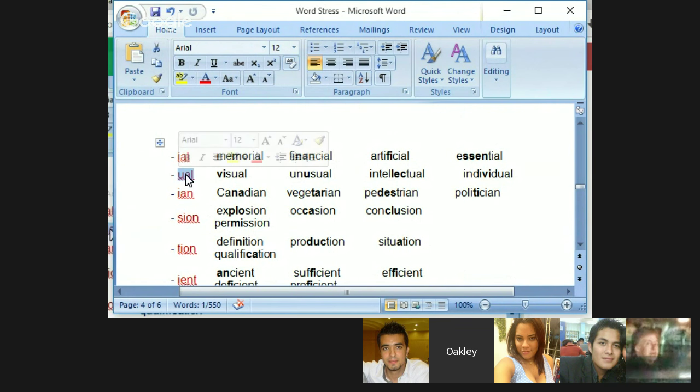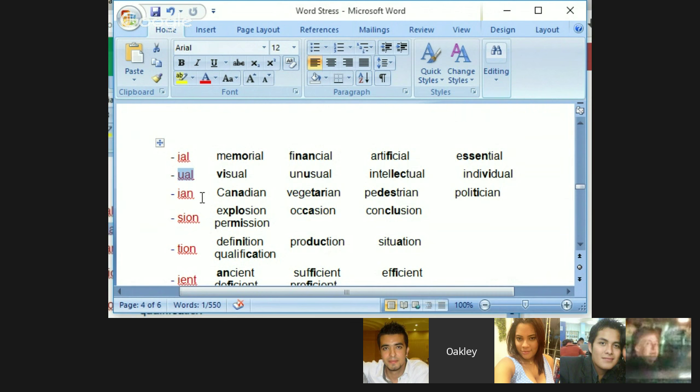It's actually two syllables. Keep that in mind. When you're predicting syllable stress, you have to think of the suffix as an entire entity, an entire thing.